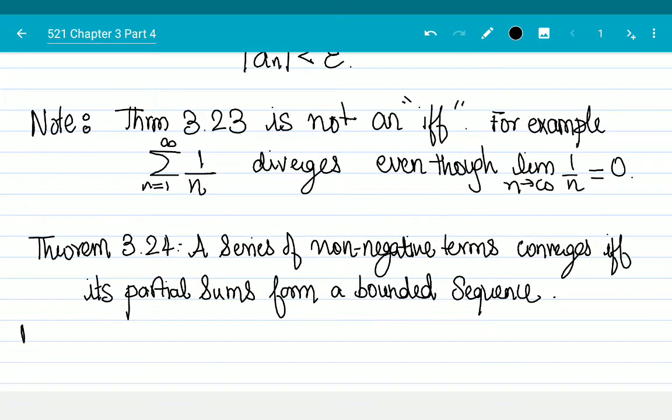Note, a similar result holds for non-positive terms.